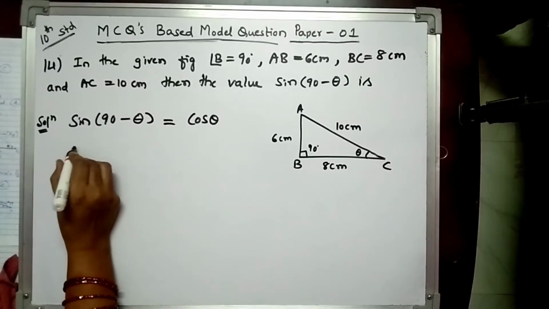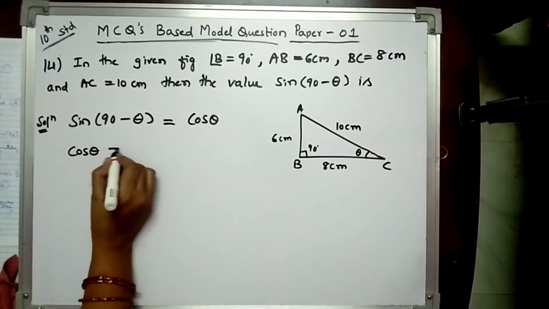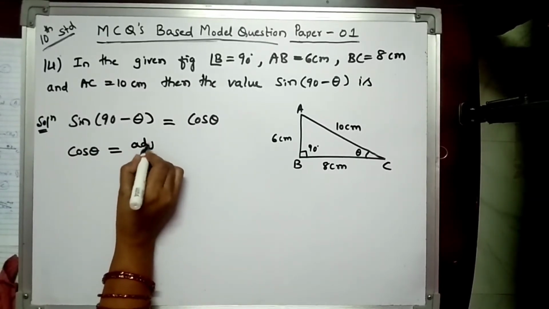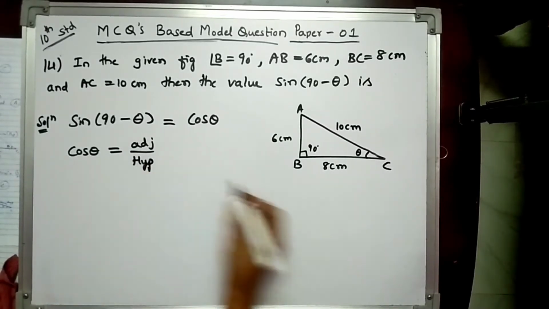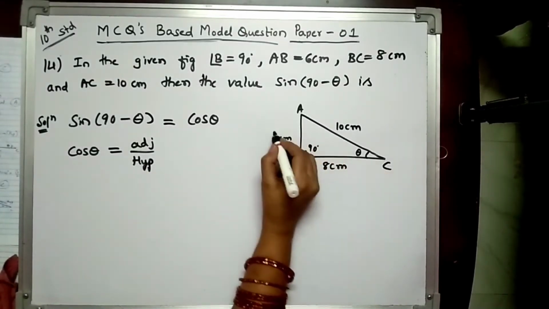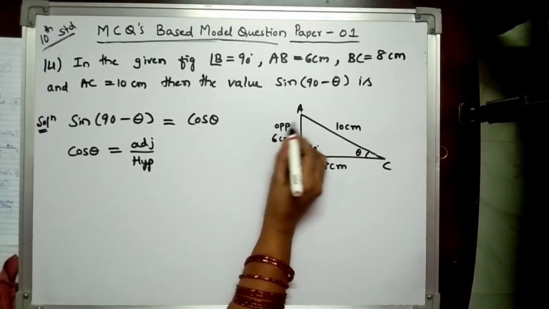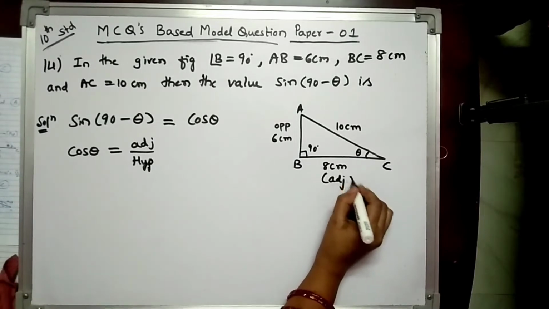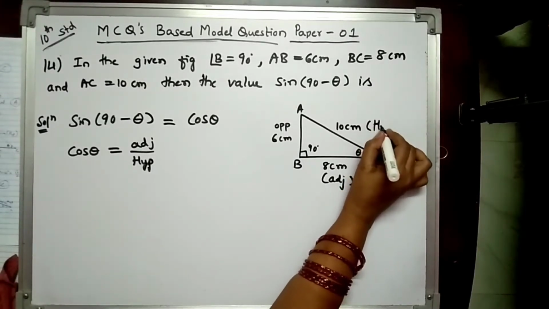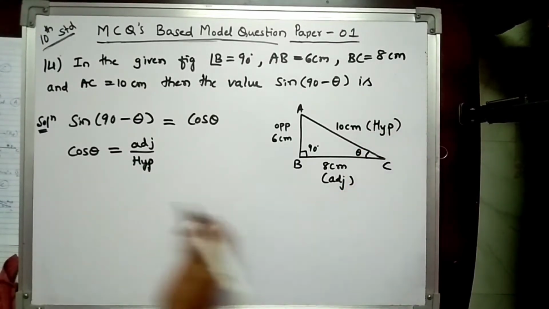Yes. So cos theta is equal to adjacent by hypotenuse. See here theta, AB is the opposite side, this one is adjacent and this one is hypotenuse. You take this one.